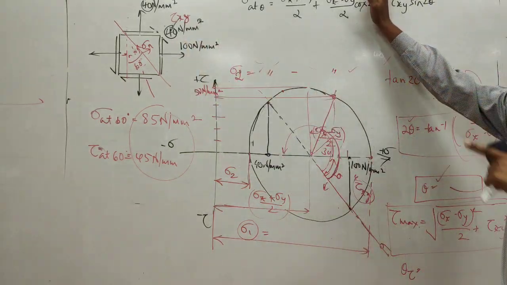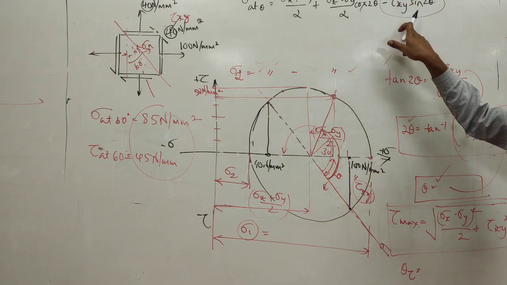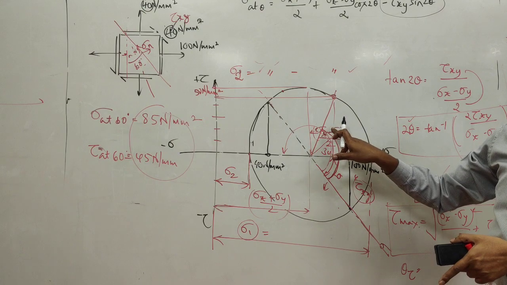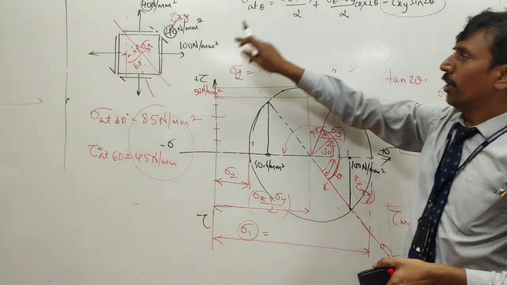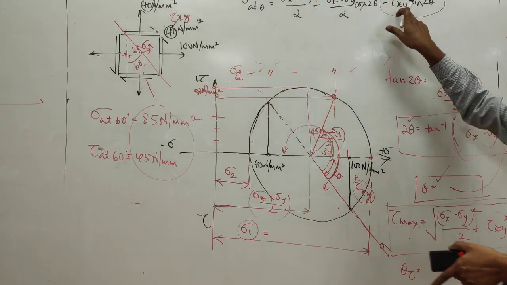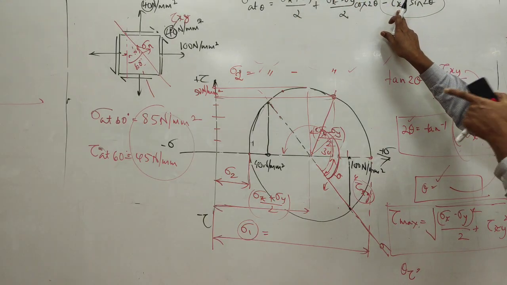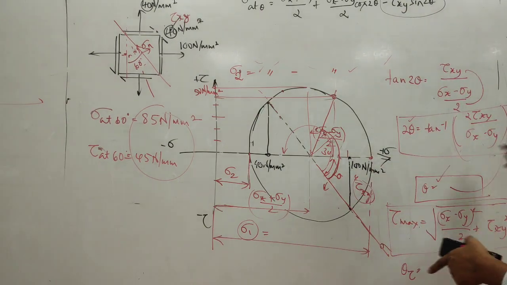Since you have the shear stress, you added this part of the equation. This will give you the answer directly, without doing the circus of Mohr circle. You simply substitute the values of sigma x as 100, sigma y as 40, and tau. Here you should take it as positive or negative. Can you tell me as per the rule?